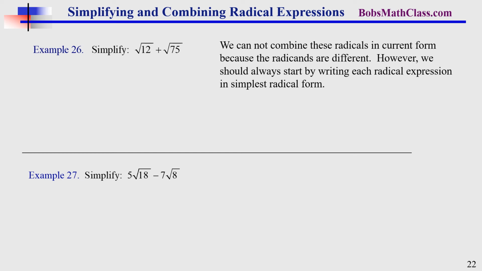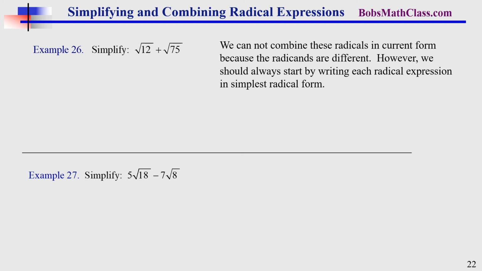So the square root 12, let's simplify that one, and the square root 75, we'll simplify that one. So square root 12 is 2 times 2 times 3. So a 2 will come out, and a 3 stays inside. Square root 75, 5 times 5 times 3. A 5 will come out, a 3 will stay inside.